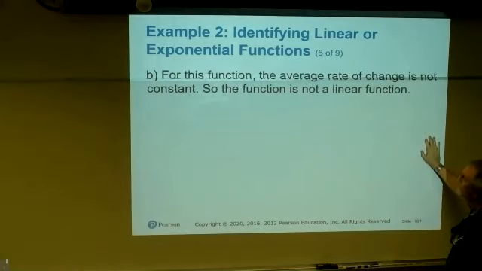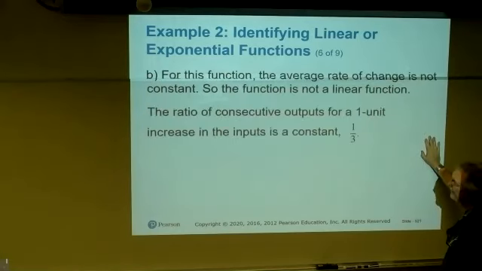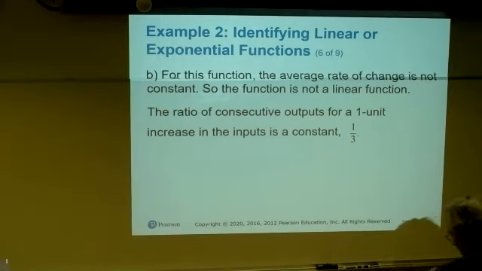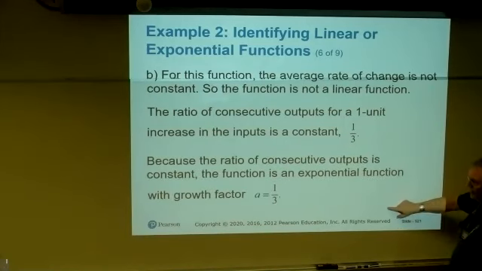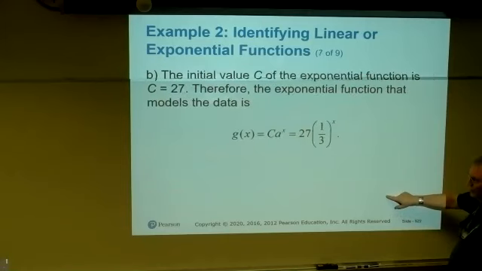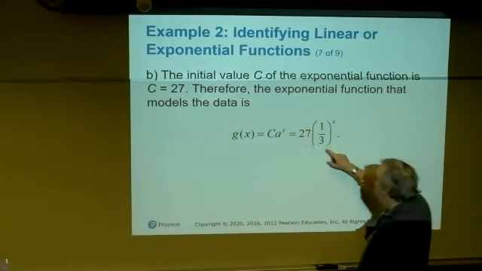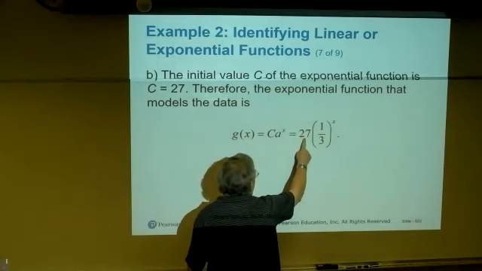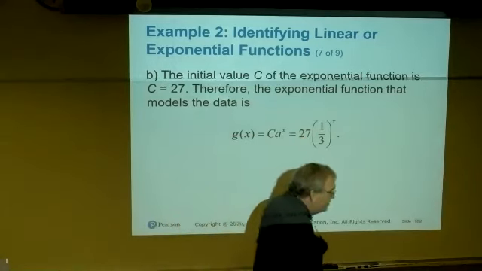And so it's not a linear function, but it is an exponential function. And then we can rewrite this the way I've done it. So a is 1/3, and when x is 0, the function is 27. And so we have this.